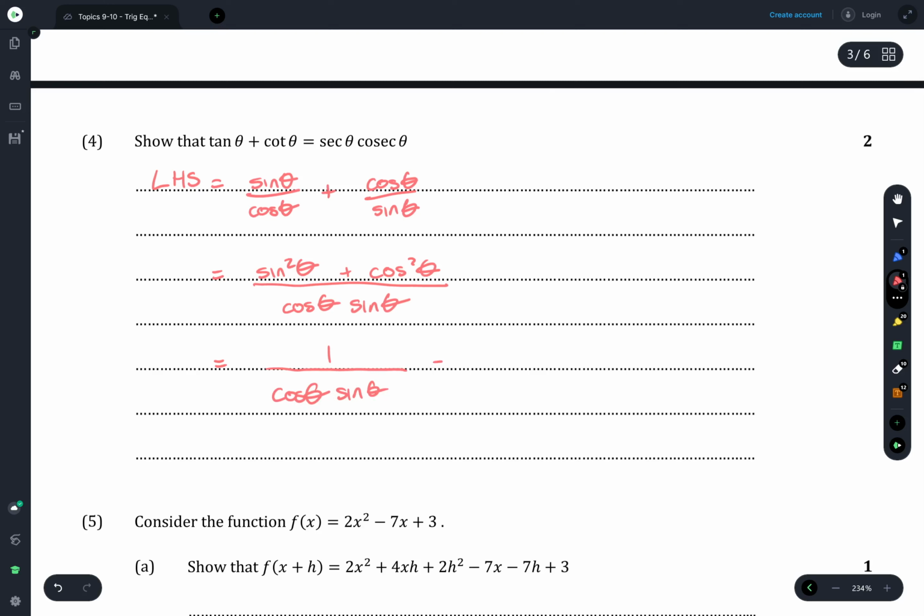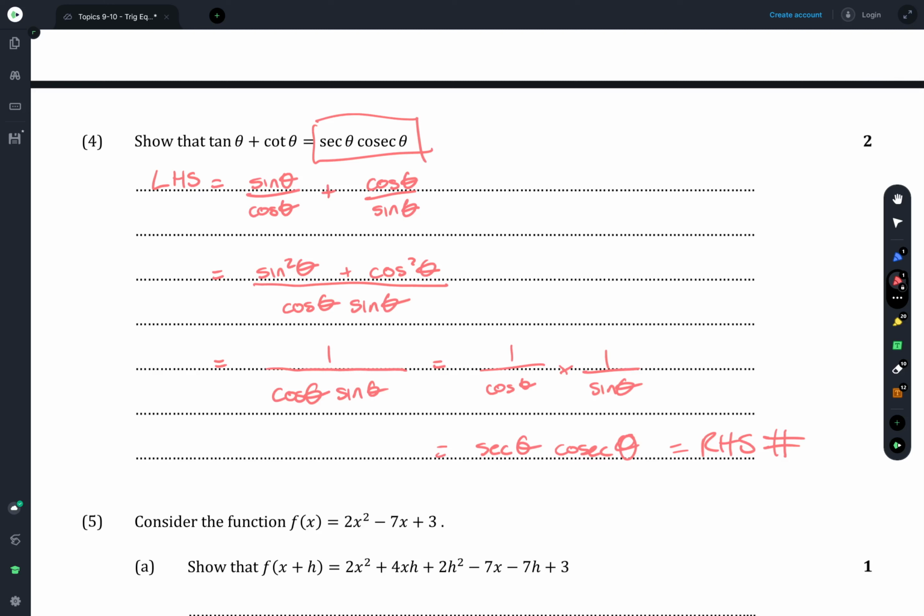From here, we can split this fraction to be 1 over cos theta times 1 over sine theta. 1 over cos is sec theta, 1 over sine is cosec theta, and there we go. We've found what we needed to find right at the start. That equals the right-hand side, so we're good to go.